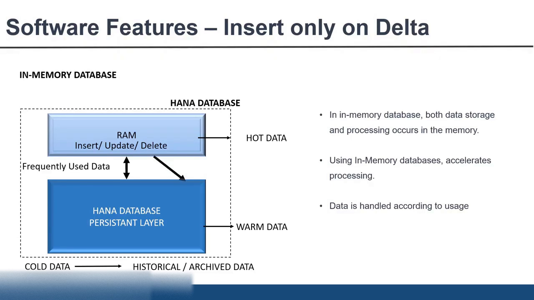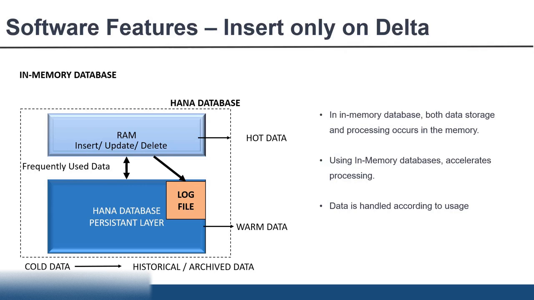However, at the same time, the changes are also recorded in a log file, which is a part of the persistent layer. So whatever changes the user is doing in hot data, the changes are getting done in RAM, and at the same time those are getting recorded in a log file in the persistent layer.